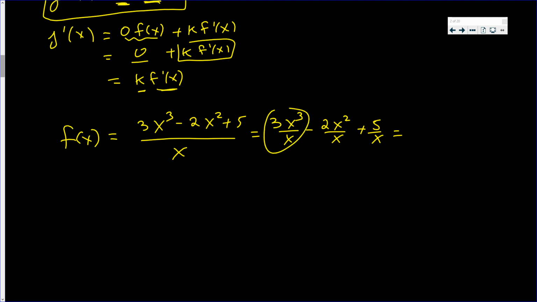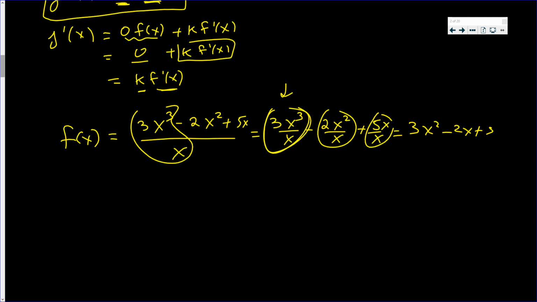So this first fraction is 3x squared minus the next fraction is 2x plus the next fraction is 5.